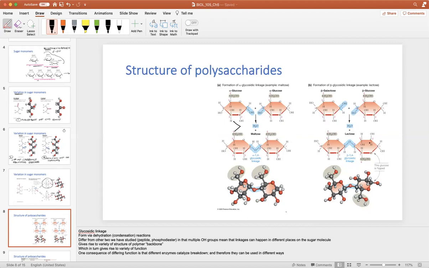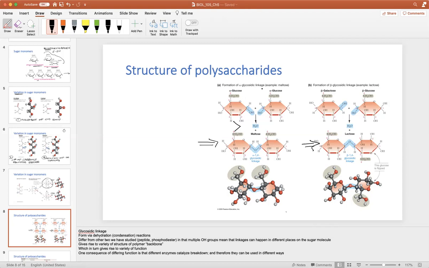And what that means is different enzymes are going to be able to break these apart to use that glucose for fuel later. So again, just that theme of the thumbs up versus the thumbs down matters for function in your body because it changes the overall shape of the molecule. And therefore, different enzymes are going to be the ones to attack it, so to speak.